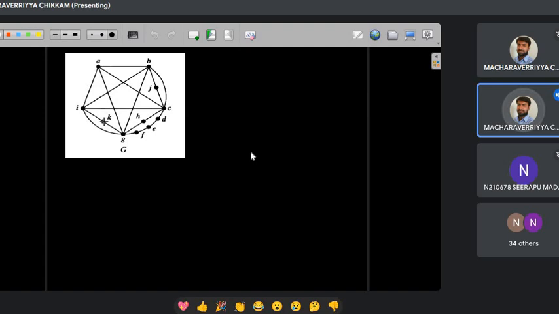What you can do is remove this K. You can identify an elementary subgraph here, which is homeomorphic to K5. What is that elementary subgraph?